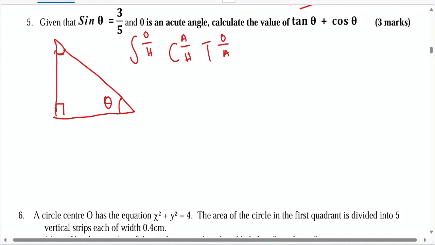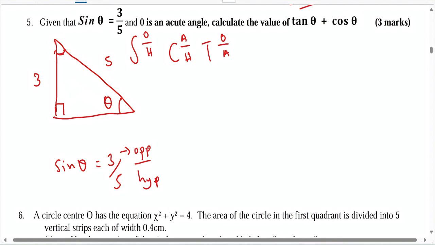But for the question, we've been told that sin theta is equal to 3/5. And sin is opposite over hypotenuse. Basically your 3 is your opposite and your hypotenuse is 5. So the opposite of theta is this one, which is 3, and the hypotenuse is here.